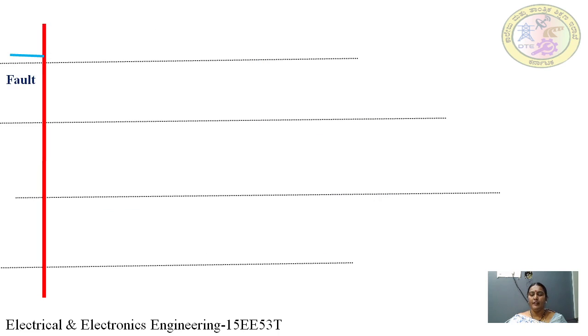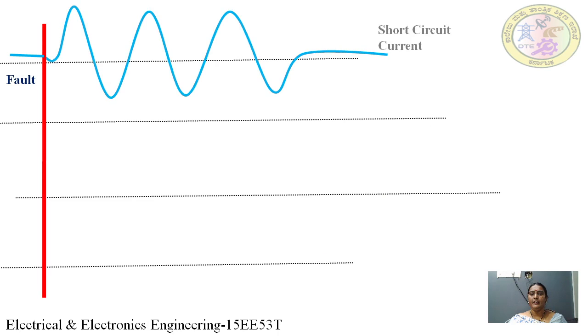Consider the diagram shown in the figure. Here the red line represents the occurrence of a fault. When there is a fault, there is a short circuit current represented by a blue line. Then this short circuit current is present up to this point.